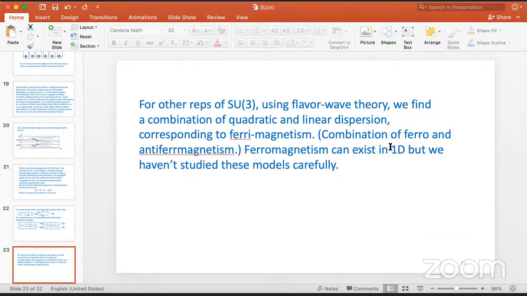Ferromagnetism can exist in one dimension, but anti-ferromagnetism cannot. We haven't studied these models carefully, so there are interesting open questions about what happens in these more general SU3 models, and whether we get some combination of ferromagnetism and Haldane gap type states, which we haven't tried to study.